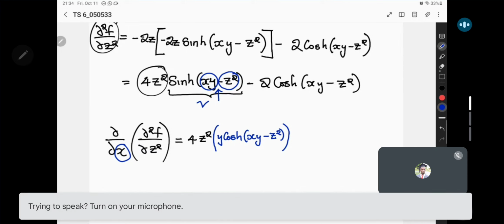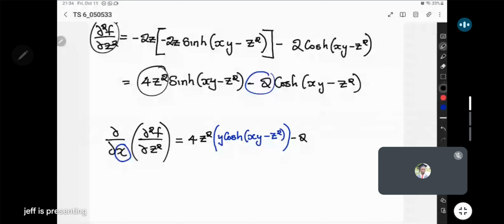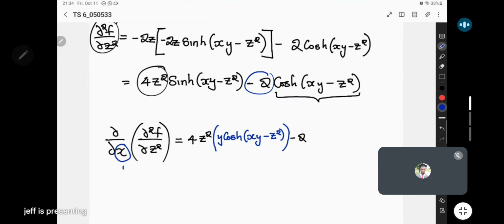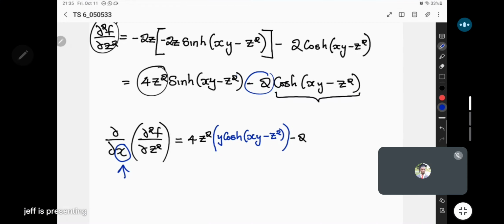Now I have to differentiate the second term. For the second term again, I don't want to confuse that, so I'll start by putting that minus 2 there, because that's just a constant. Now I want to differentiate this expression. First differentiate the argument. Again, still partial x taking the lead, meaning y and z will be taken as constant.